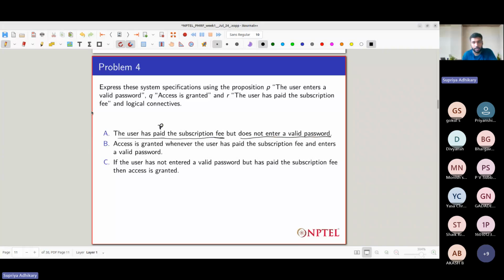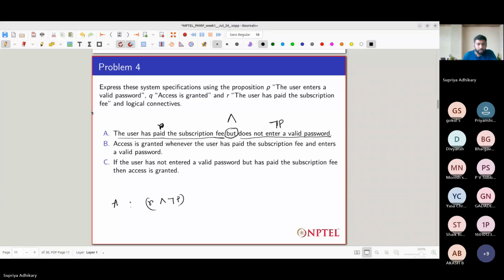So having a valid password, that was the proposition P. So over here, does not have a valid password means the negation of P. Now we have R and P, and what is but over here? But is nothing but the conjunction operation. So this A is nothing but R conjunction negation of P.